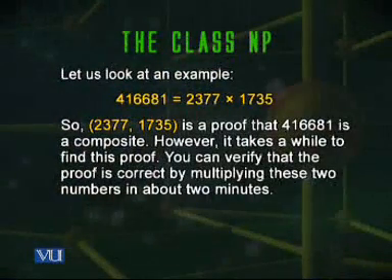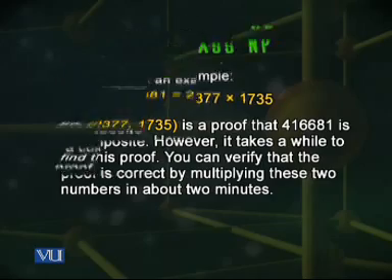So I present to you the following proof that 416681 is a composite. I simply claim that 416681 is equal to 2377 multiplied by 1753. So the pair 2377, 1753 is a proof that this number is composite.